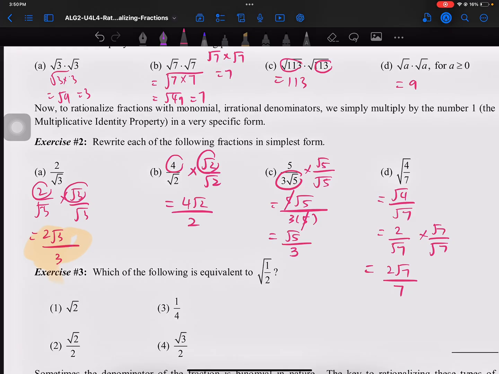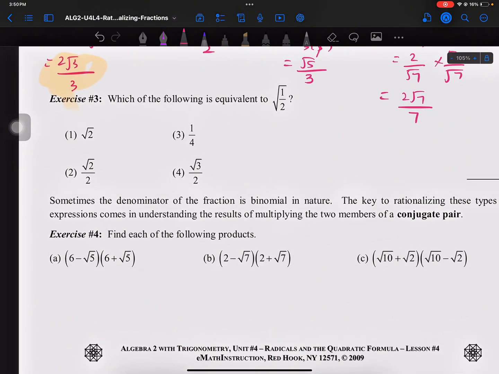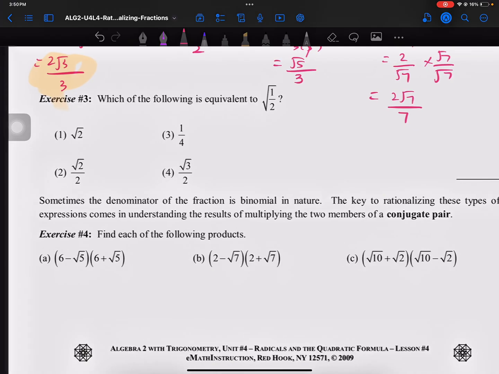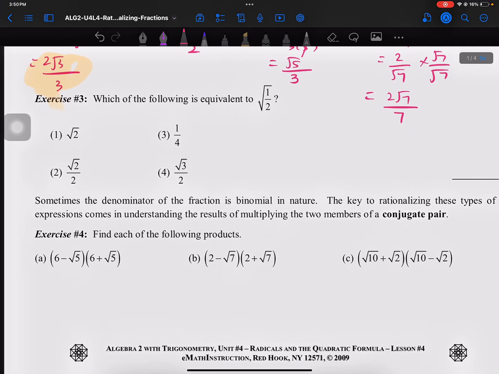Okay, now let us move on to number 3. For number 3, the question asks which one is equivalent to √(1 over 2). So we split 1 over 2, up and down. The square root of a fraction can be split into two.